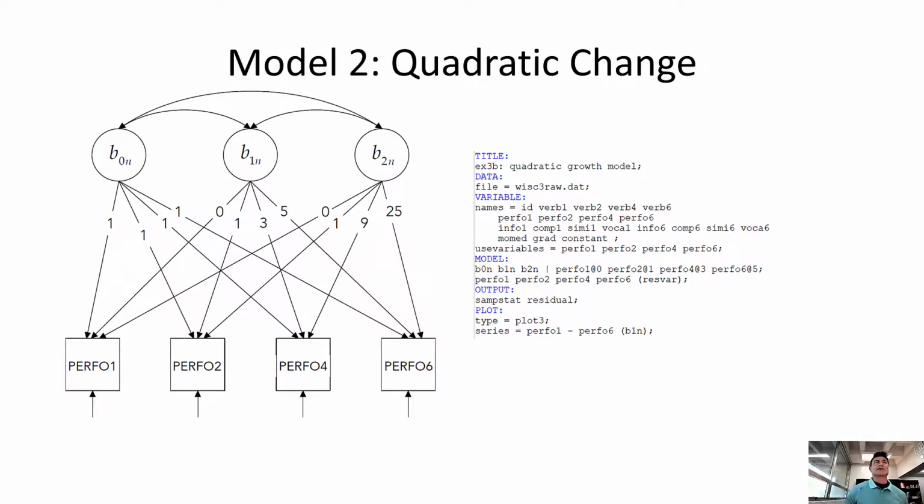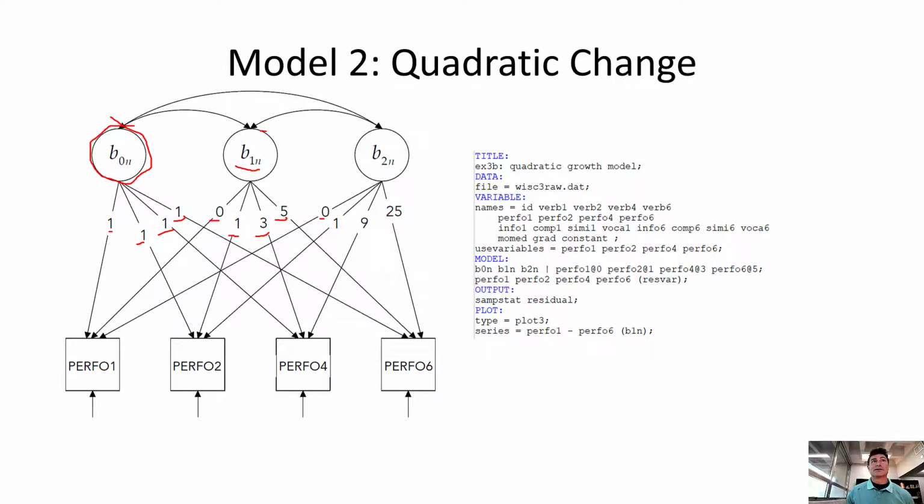This slide will make it more clear. So what we're going to do is, this is our intercept, which we've done, 1, 1, 1, 1. That's easy enough. Our linear slope 0, 1, 3, 5. That's pretty easy to do. And then our quadratic slope, what we're going to do is take the years and square them.